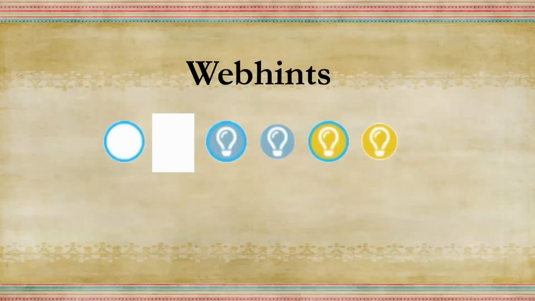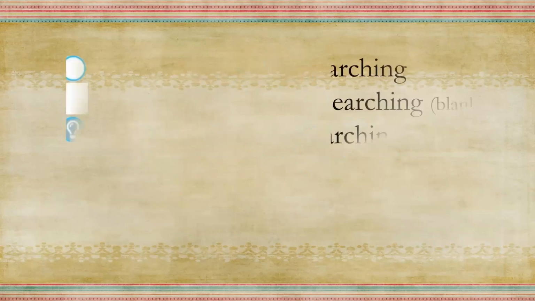Web hint icons are also right there next to those problem icons, and they're actually color coded to give you some idea of where RootsMagic is in the process of finding hints for you.